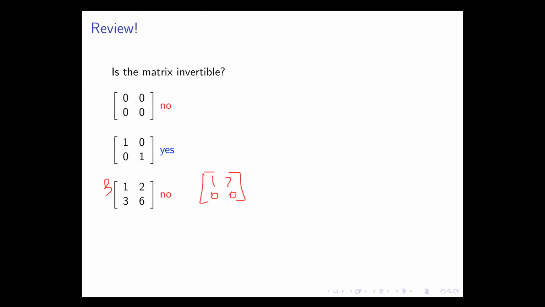And this is clearly not invertible, because there's only one pivot and 2 rows. And in the first example, there are no pivots at all. And this one, if you reduce it to the echelon form, you see that it has exactly two pivots.